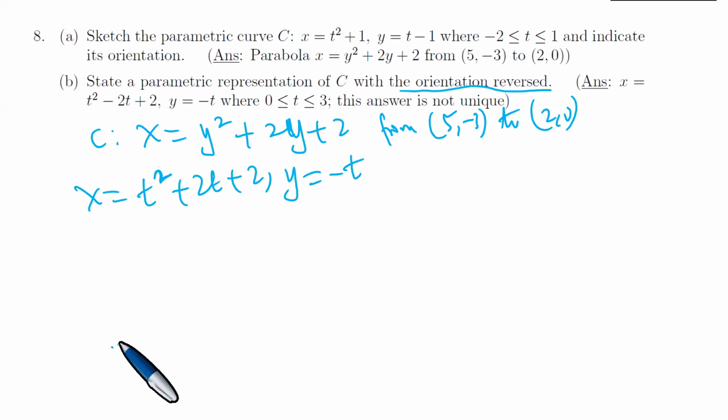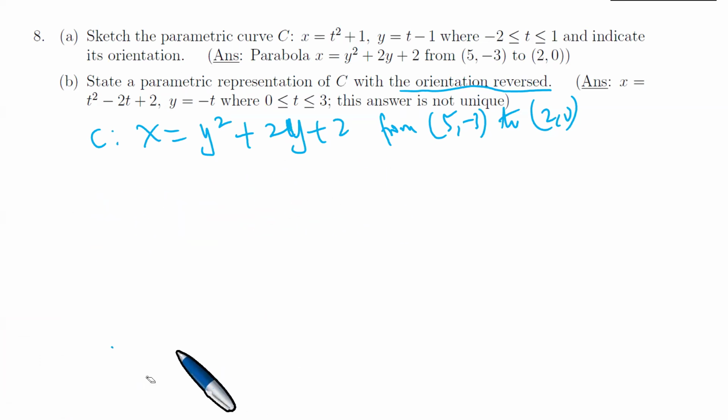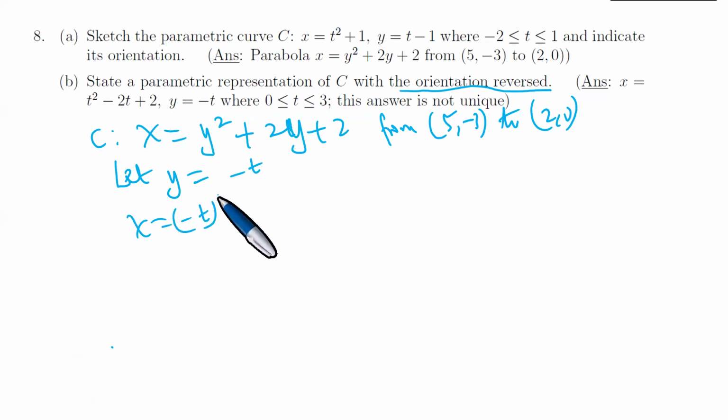In other words, you can let y be negative t, and x is t squared minus 2t plus 2. So then we have the following.